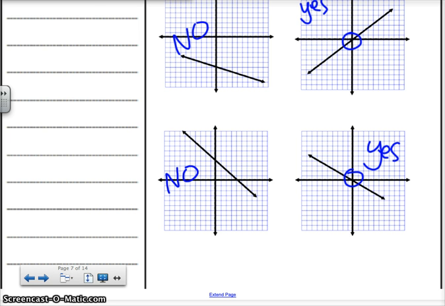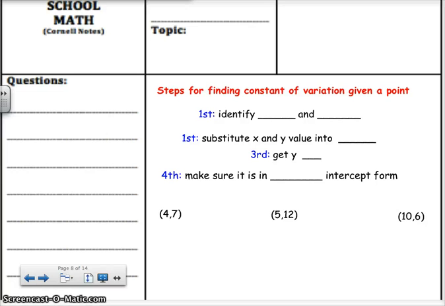Last concept, bumping up the rigor slightly. We're going to find constant of variation given a point. So the first thing you're going to want to do is identify the x and the y. Now you did this a lot recently where you did a lot of substituting, so you are pros at this now. Then we're going to substitute the x and y value into this format.